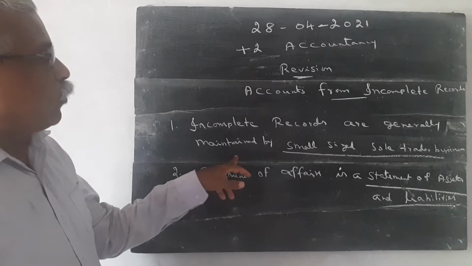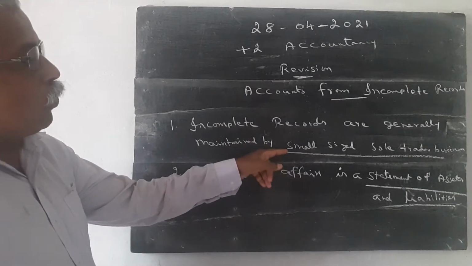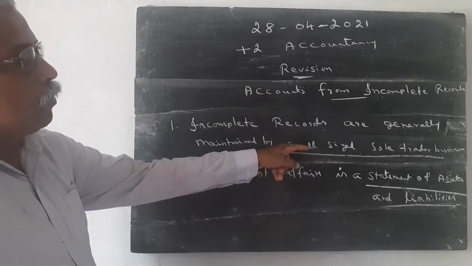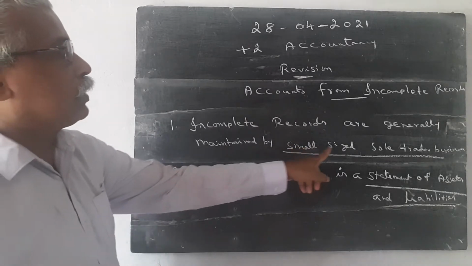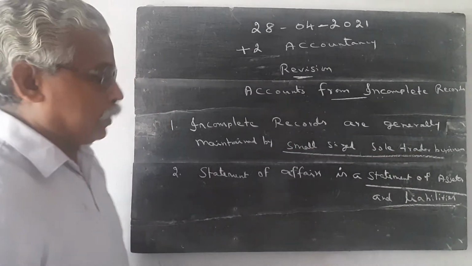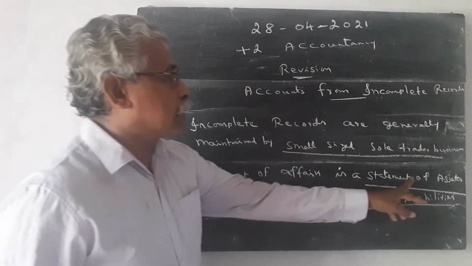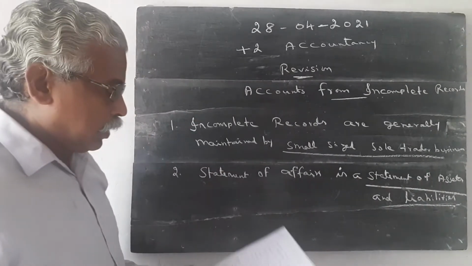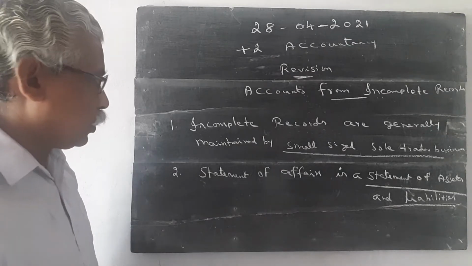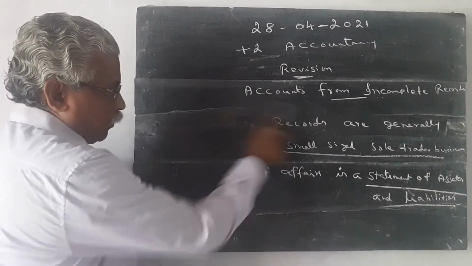Here 3 and 4 answers are given. Out of 4 we have to select the correct answer. Then second question, statement of affairs is a statement of assets and liabilities. Like this, 10 questions are given, 2 questions are completed, remaining questions we study one by one.